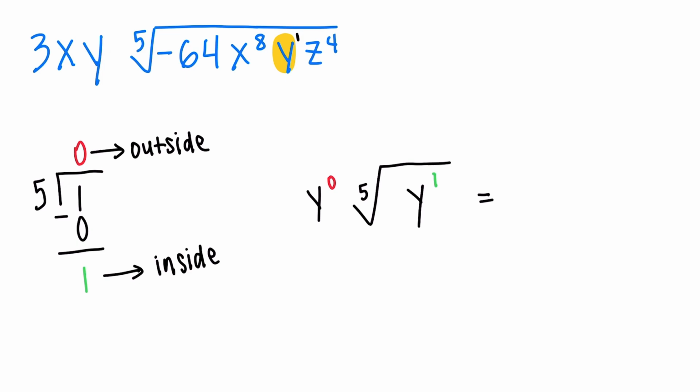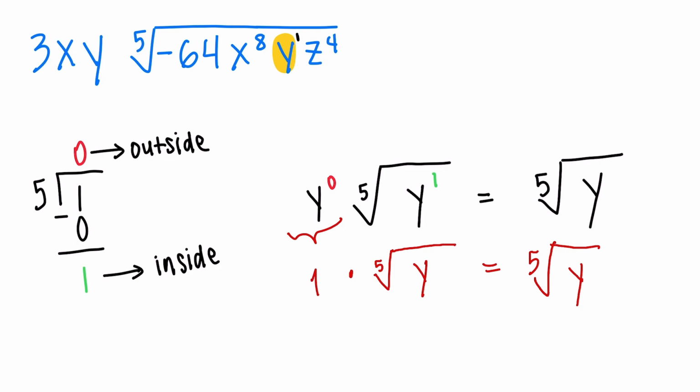So 0 outside, 1 inside. Anything raised to the 0 power is just 1. So 1 times the 5th root, index 5, of y. Anything to the power of 1 is itself, so y. So this really equals the 5th root of y.